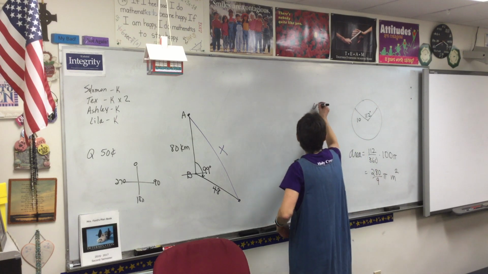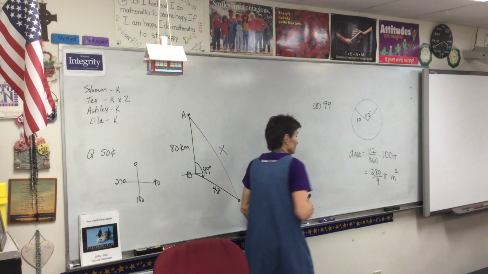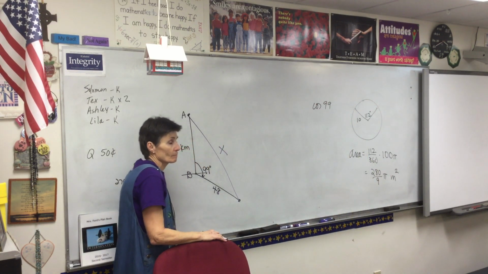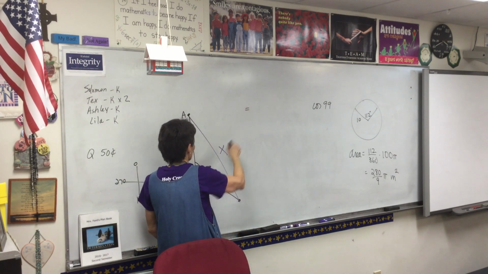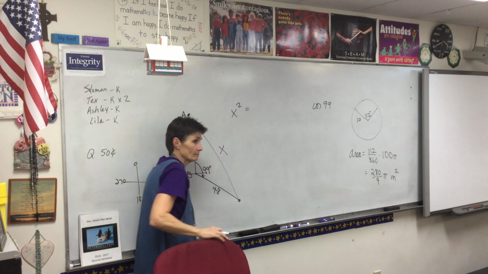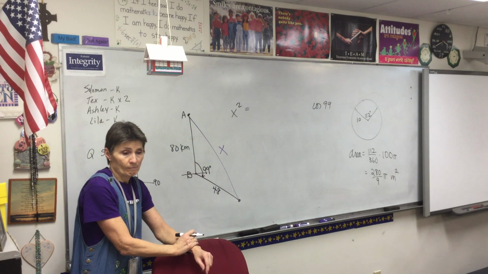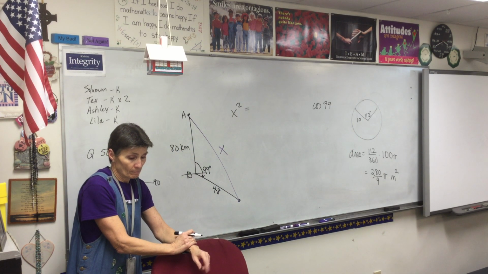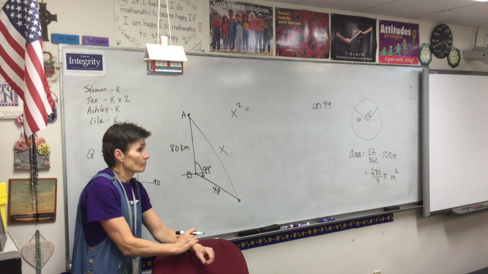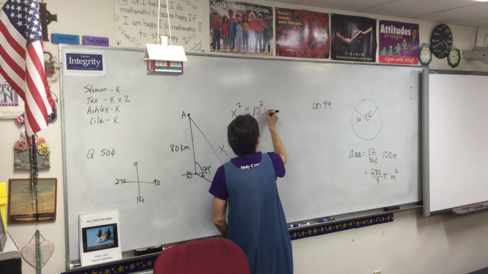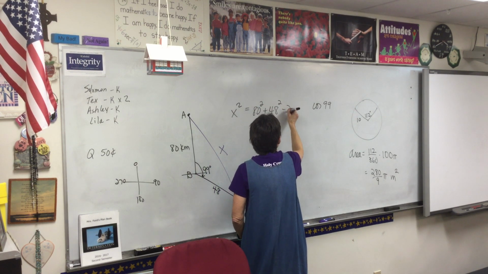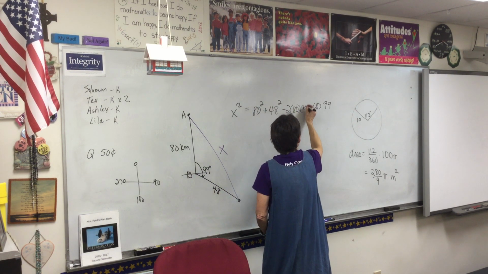So out here we have cosine 99. And if we have cosine 99 out there, then we're going to have x squared here. And then in the middle, we'll have 80 squared plus 48 squared minus 2 times 80 times 48.